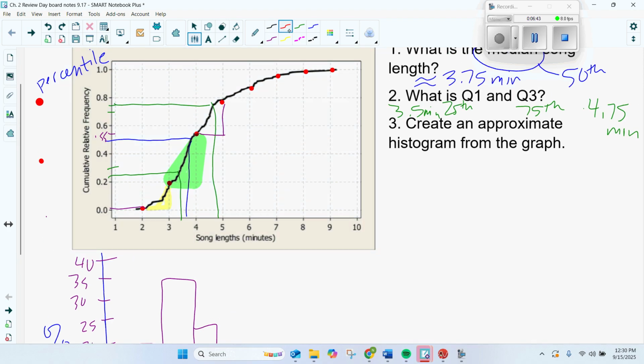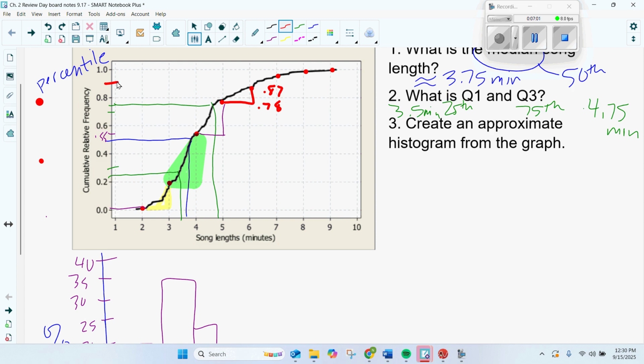Between 5 and 6, I'll show this in red, it's going from here to here. That is, I don't know, 0.78 to 0.87.